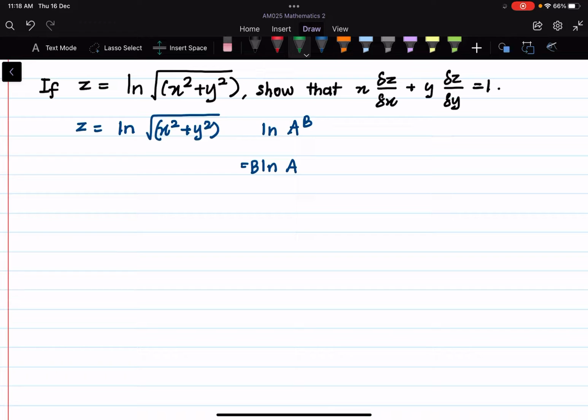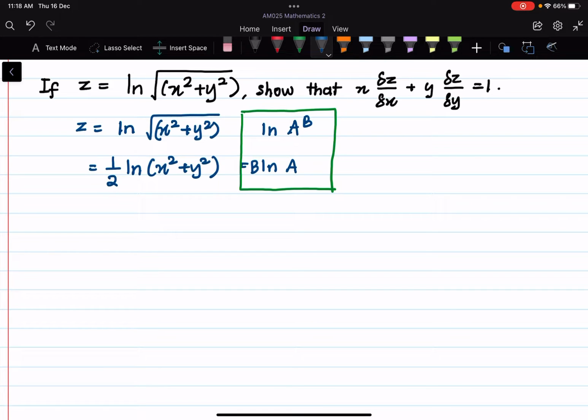Using this law of log, we're going to bring the power, which is square root, become 1 over 2, right down in the front, of ln x squared plus y squared. So let us start our first partial derivative with respect to x, ∂z/∂x. So 1 over 2 is a constant.